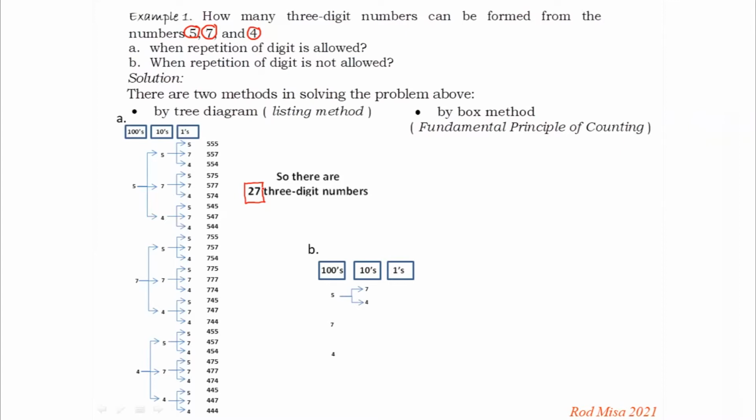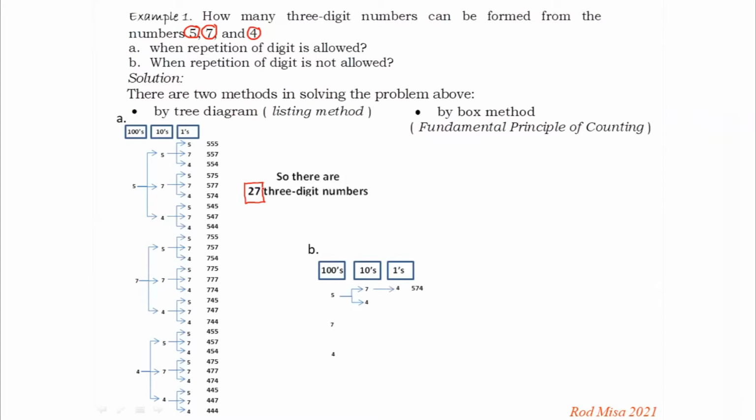But in the ones place, if I have used 2 numbers in the hundreds place and in the tens place, then I have only one choice in the ones place because there are only 3 numbers that we can choose from. So if 5 is placed in the hundreds place and 7 in the tens place, I can have only one choice, which is 4 in the ones place.